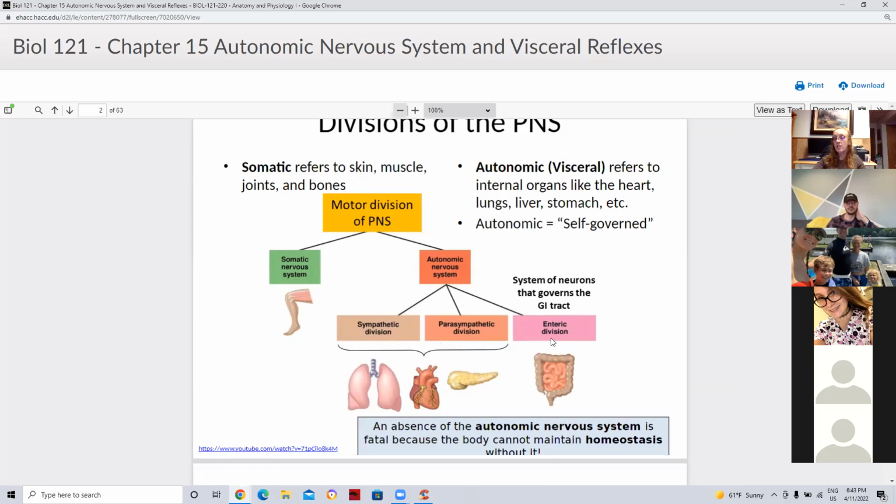Whether or not the enteric division is automatically included as part of the autonomic nervous system is not always agreed upon. However, it governs itself to a certain level. But it does get feedback from the other nervous systems, and we'll see that when we talk about it here.